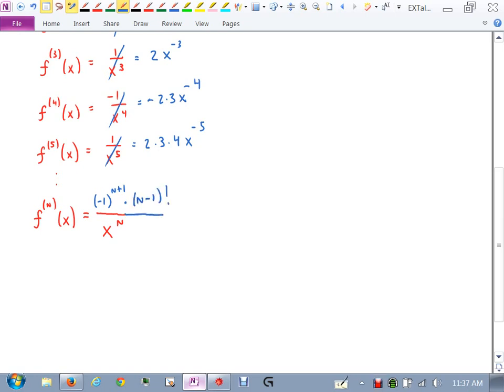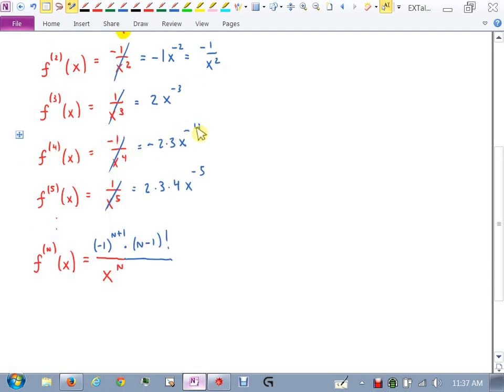It's not quite n factorial. If we want the fifth derivative, this was 5 up here, and the factorial is 1 less than it, 4 factorial. So for 4 up here, our n minus 1 is 4 minus 1, 3 factorial.